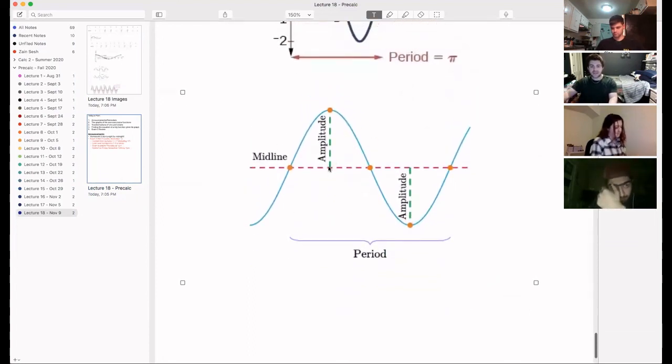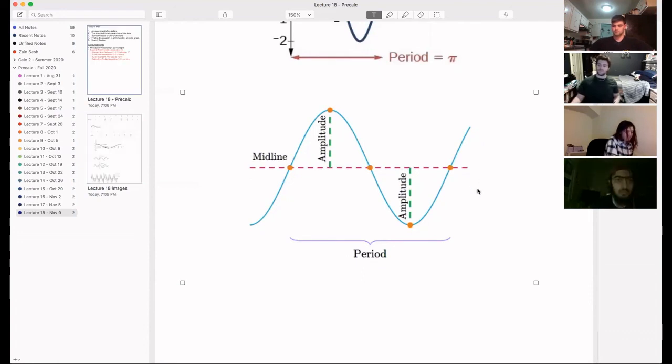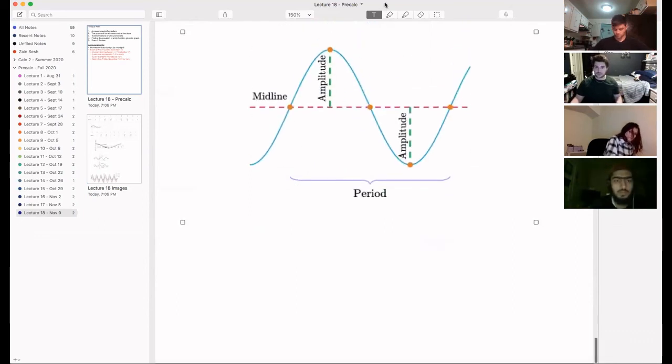The amplitude is the distance from the midline to the highest point. The period is how long it takes to complete one cycle. And we have the midline. Any questions?